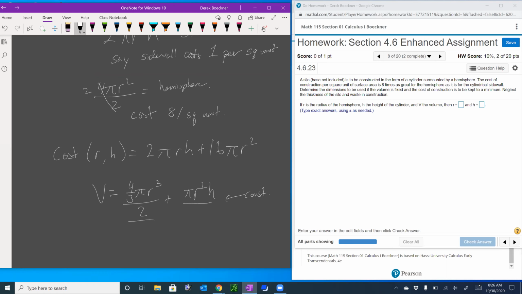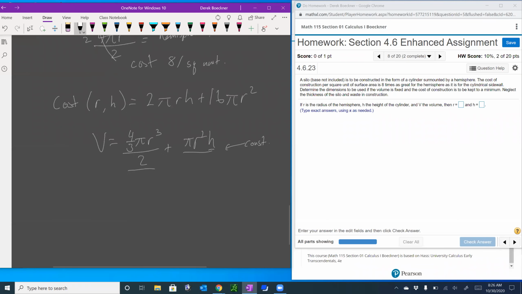And the one that looks like it's probably easiest to solve for in this constraint is still h. So we're going to think of the volume as a constant, the radius is a variable, the h is a variable. But let's simplify this a little bit. That's going to be a 2. So volume minus 2/3 pi r cubed divided by pi r squared. That's going to equal h.